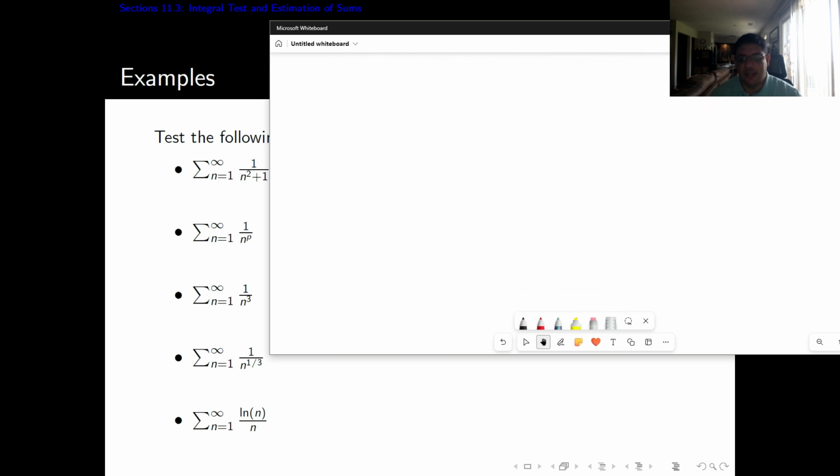Now, last but not least, I'm going to go with the series of log of n over n. And this kind of looks like something that I can approach by integral terms. Let's see. Clearly this is positive and continuous, so no issues in there.